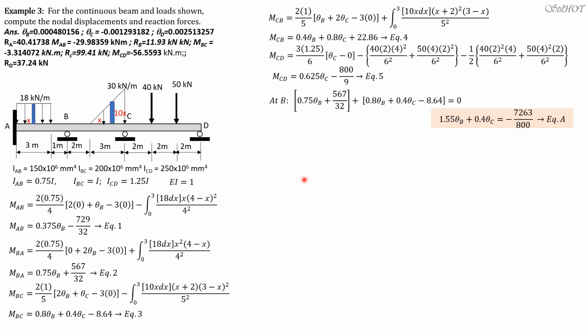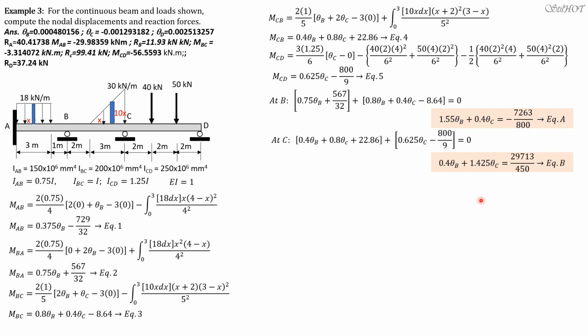So moment CB is equal to 0.4 of theta B plus 0.8 theta C plus 22.86. Moment CD is 0.625 theta C minus 800 over 9 equals 0. Combining like terms, so 0.4 theta B plus 1.425 theta C equals 29713 over 450.